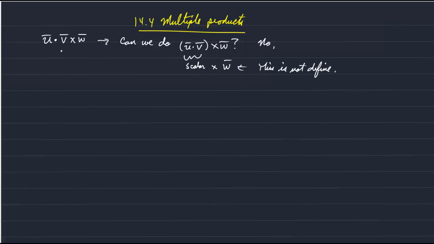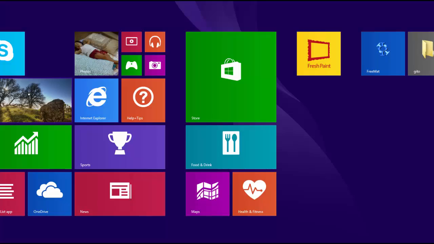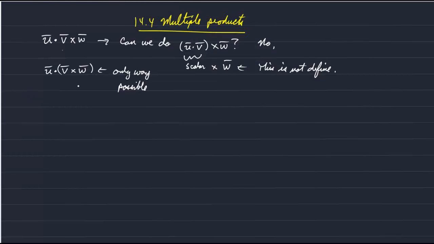So the only way we can interpret this is u dotted with v crossed with w. And since it is the only way possible, you wouldn't even need to write those parentheses.